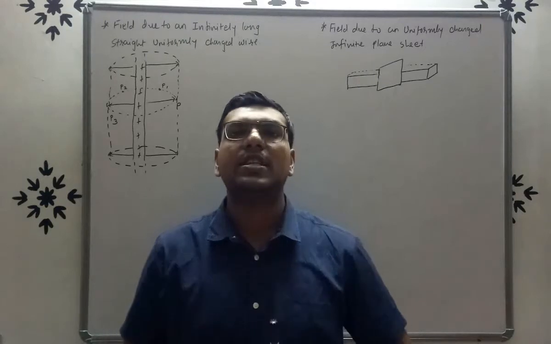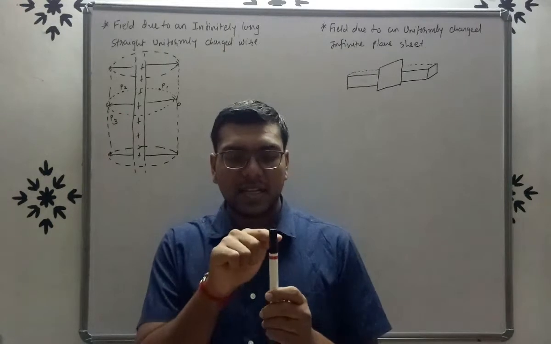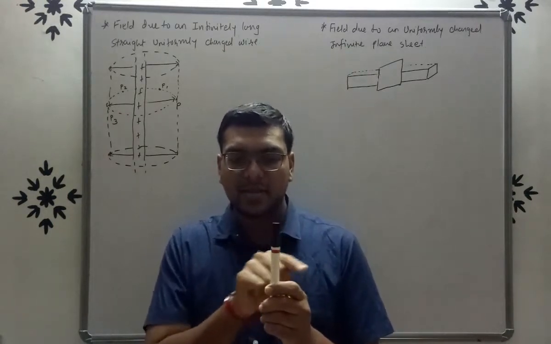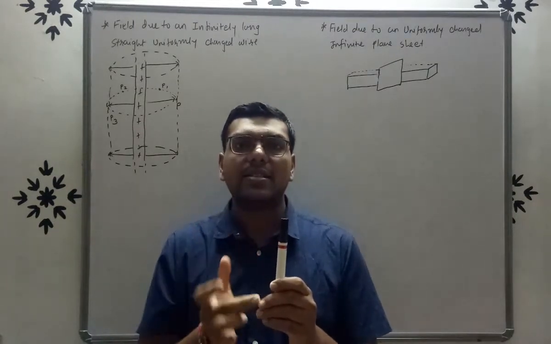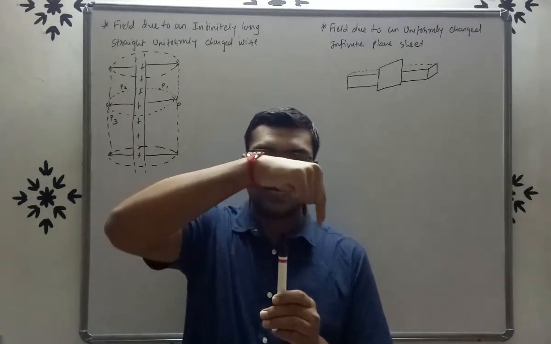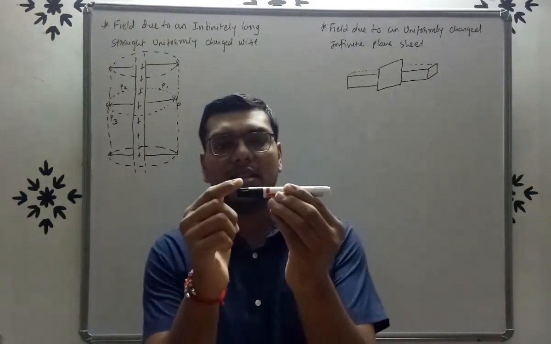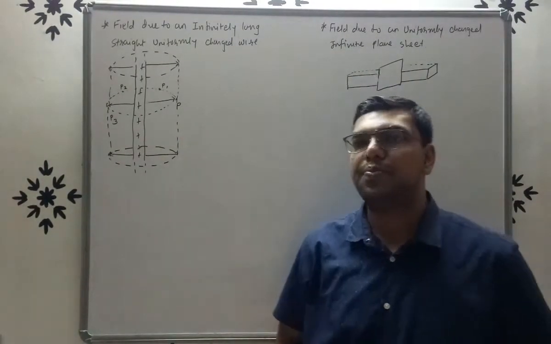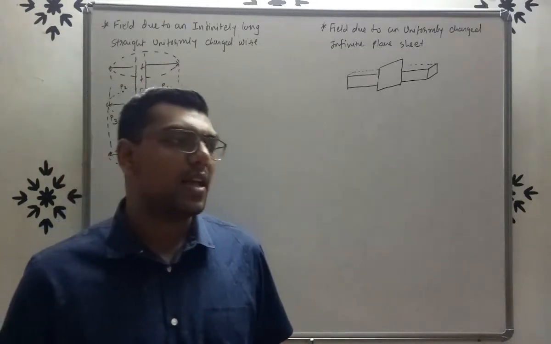We distributed positive charge, so the direction of electric field is outward. On the end surfaces, upward and downward, the electric field is like this in circular shape, right? So we have to assume the cylindrical Gaussian surface, right?